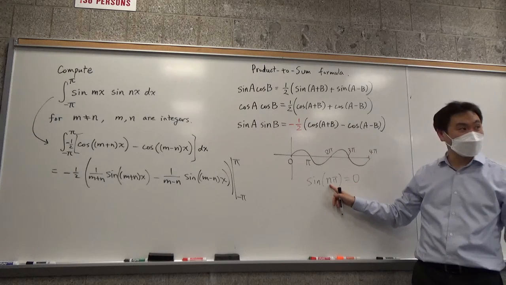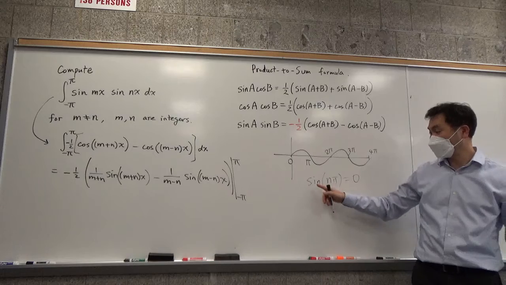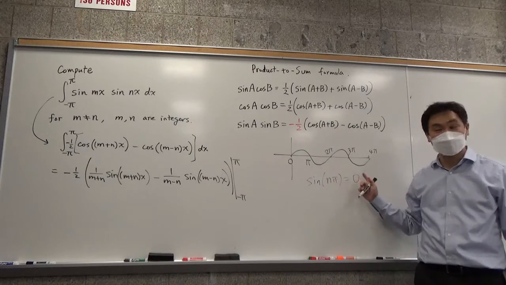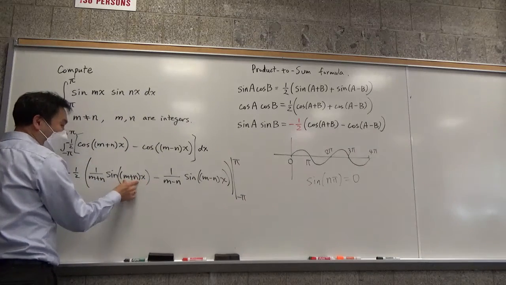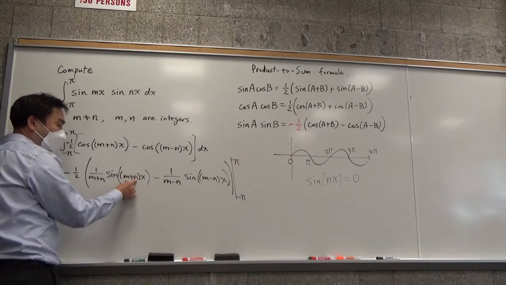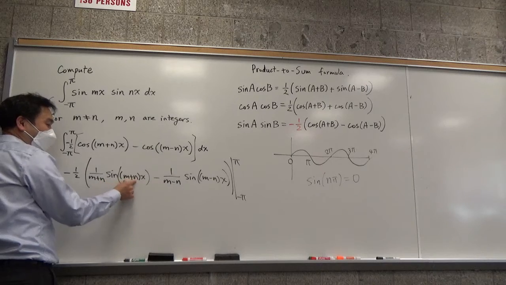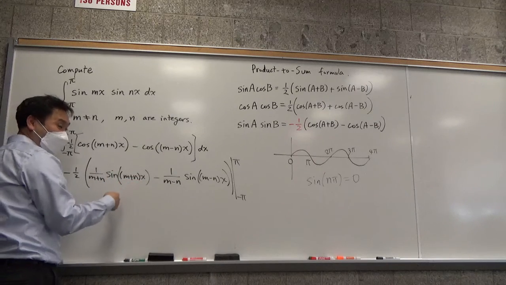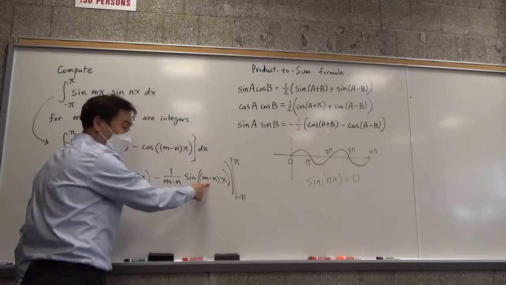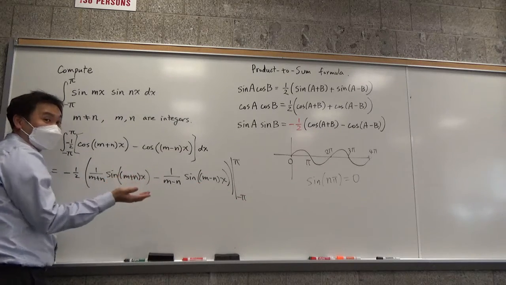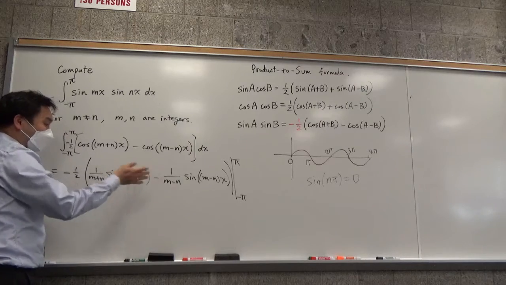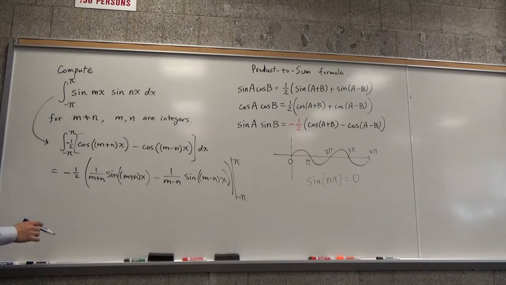So if you plug in pi here, you get some integer, because m and n are integers, the sum is an integer. So sine of an integer times pi is going to be 0. Same thing over here. Same thing if you plug in -pi, because negative times an integer is still an integer, right? It still gives you 0. So either way, when you plug in pi or -pi, it's going to give you 0.